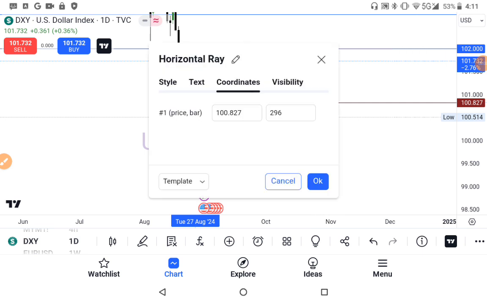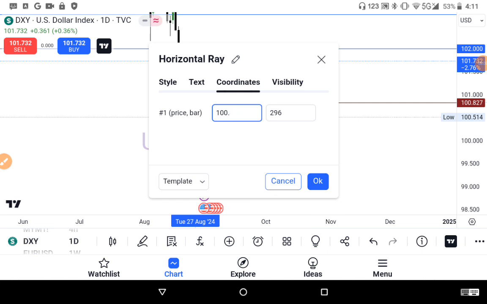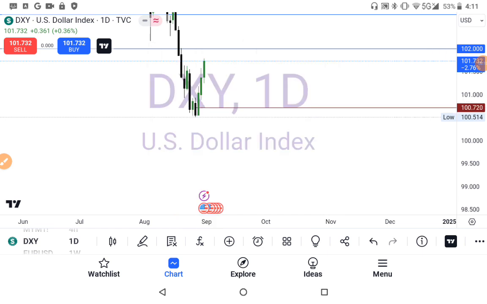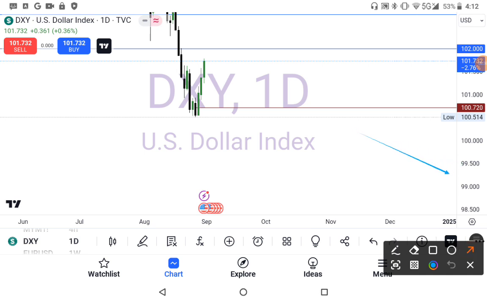I was saying that if the price finds a resistance around 100.720, I'll be bearish up to around 99.578 or thereabouts. But if the market found support around 100.720, I will go in for 102 big figure.